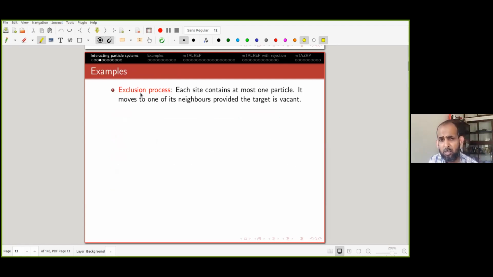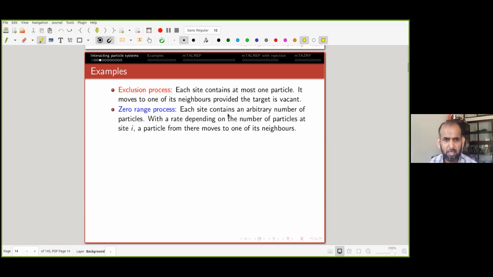So let me give you some examples before we go ahead. The exclusion process is something that may be most familiar to this audience. Here, every site contains one or no particle, and each particle moves to one of its neighbors provided the target is vacant. So the only interaction is exclusion: no more than one particle can be at a site. Another class of processes are the zero range processes.